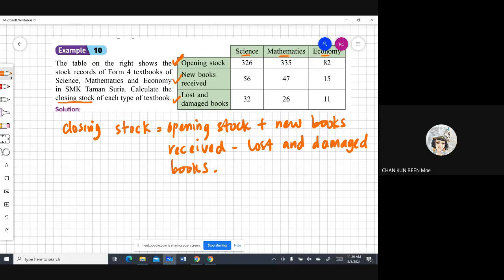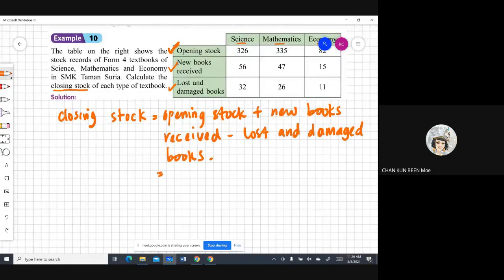So you just write down in the form of matrix, whereby everything over here is in the form of row matrix. Opening stock is 326, 335, 82. Close it.